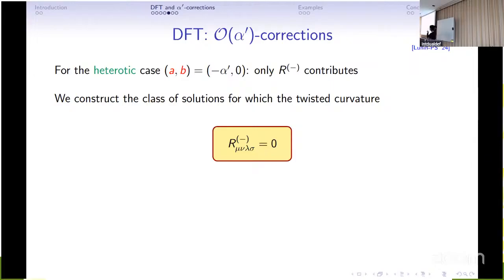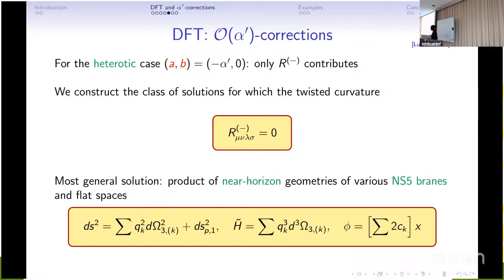So you start by assuming this constraint and then cook up all the possible solutions, taking the whole class of solutions. It actually turns out that the most physically interesting general solution for this case happens to be copies of S3, or rather a product of near horizon geometries of various NS5 brane copies and just flat space additionally.